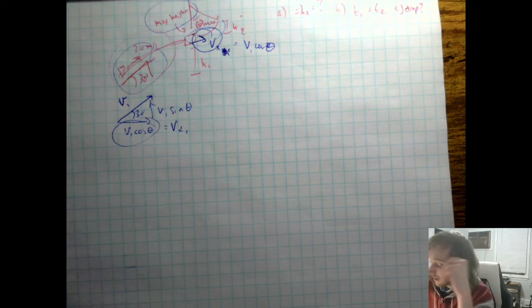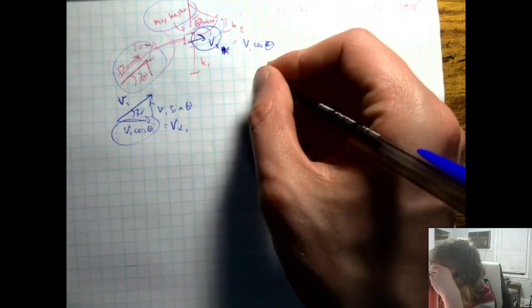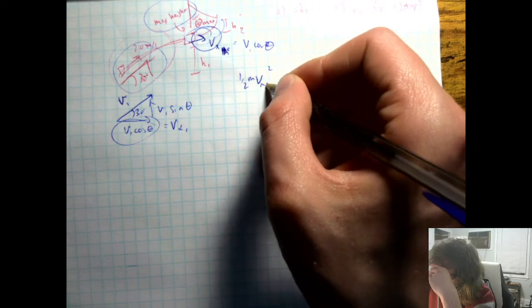All right. So what that'll look like here is 1/2 times the mass times the velocity squared at this, what do we even call this? I guess 1, 2, 3.